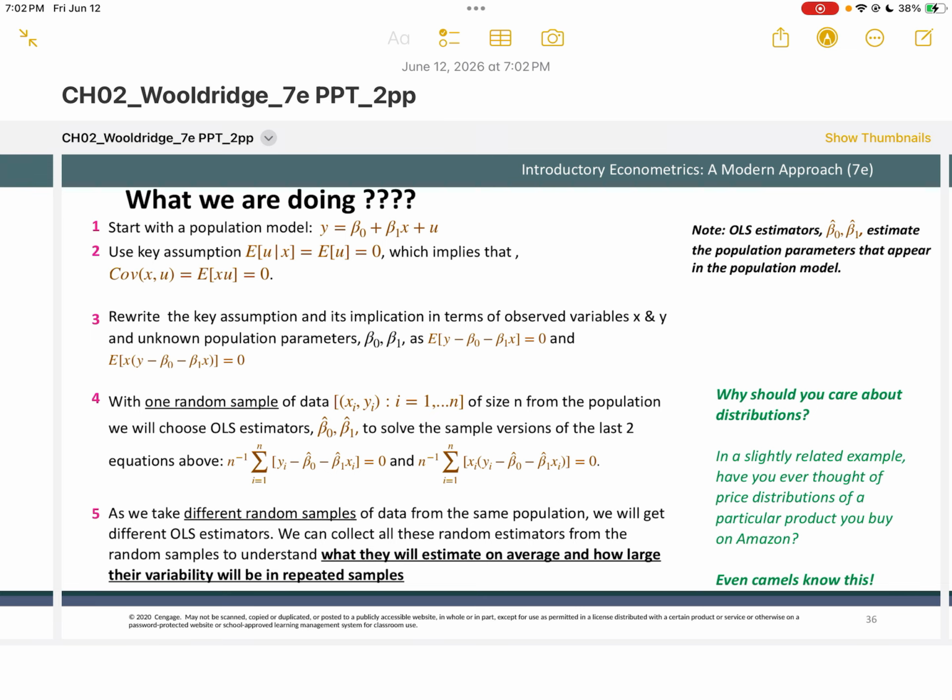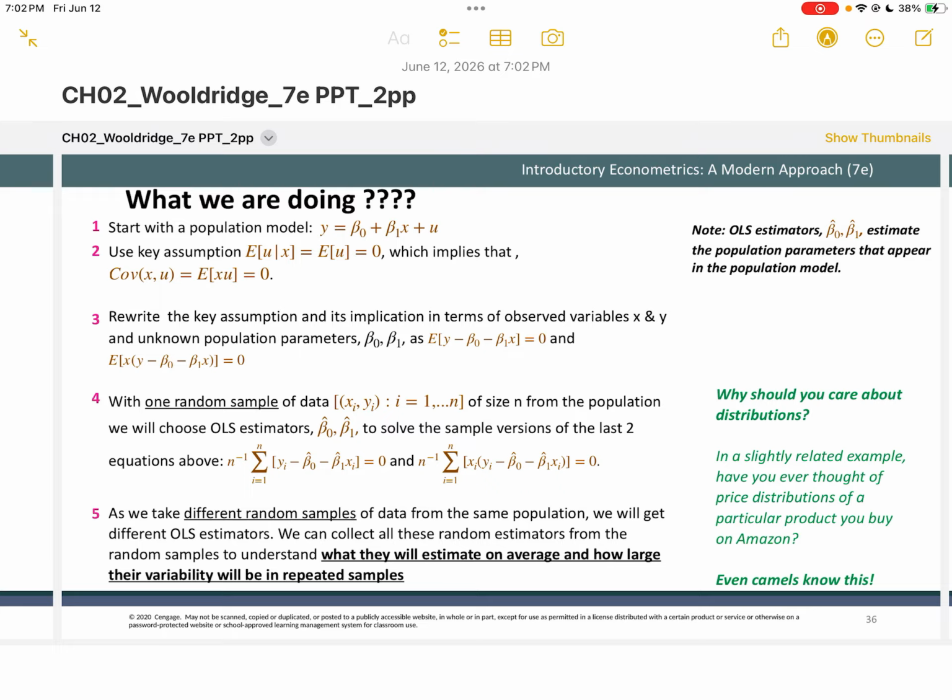We start with an unknown population model. And I do remember getting a question in class. What if we had the entire population? Well, like we said in class, then we are done.